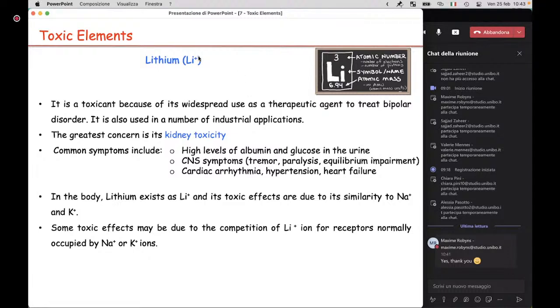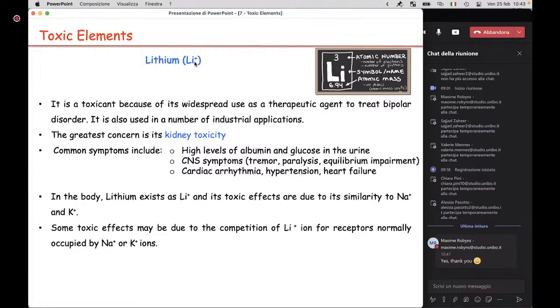The lithium cation is used quite frequently as a drug to treat a disease called bipolar disorder. In particular, lithium carbonate is used. It is the most effective agent against bipolar disorder.